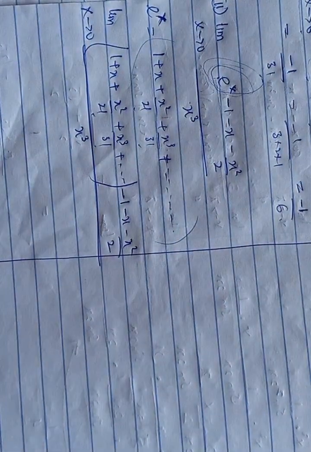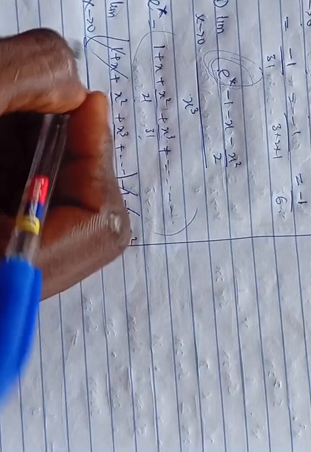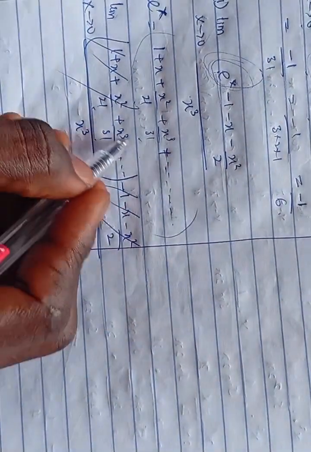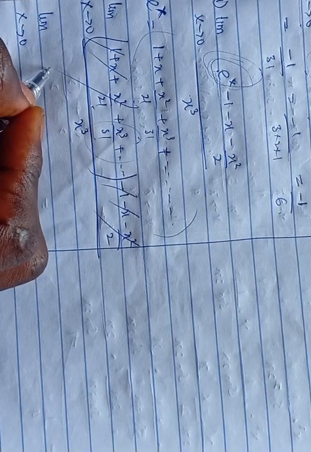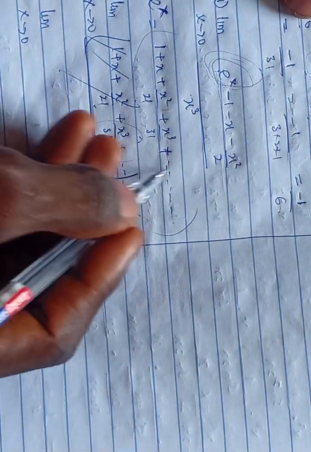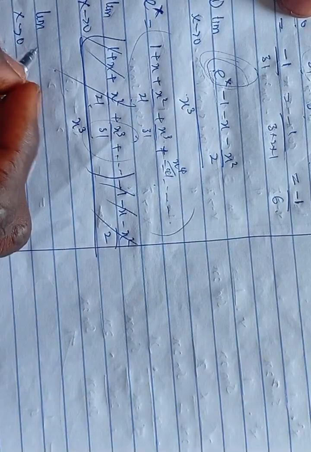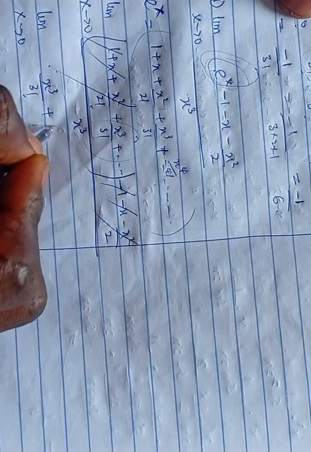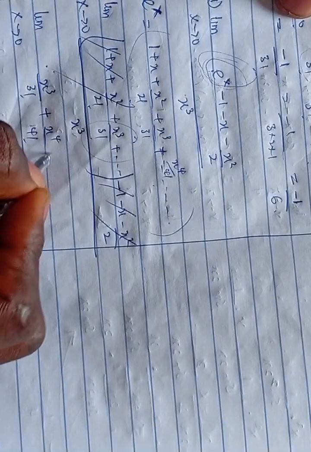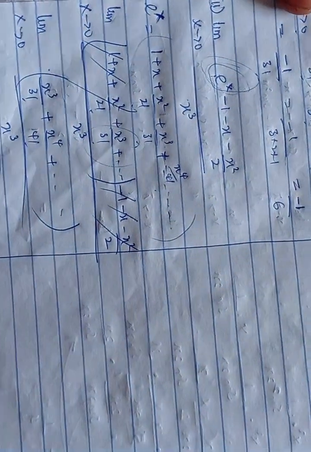This one is also straightforward because you can see that this cancels, this will also cancel, and this one will also cancel. So I have x raised to power 3 over 3 factorial plus x raised to power 4 over 4 factorial, and it goes on like that, everything over x raised to power 3.